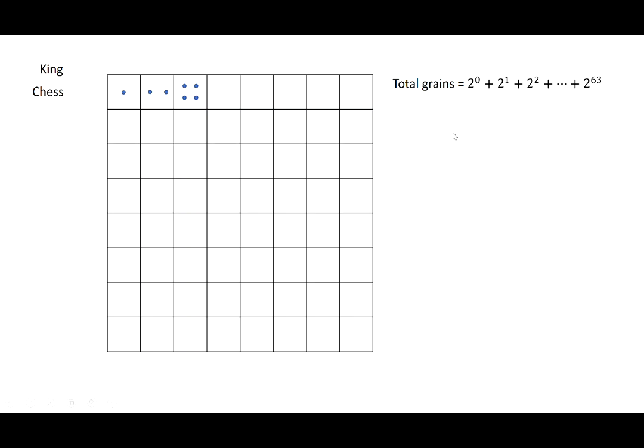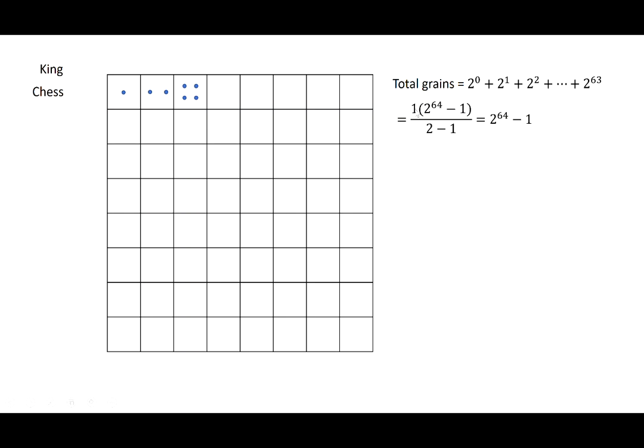Wait, why am I talking about this stupid story in this context? You guessed it, right? This is nothing but a geometric series, the sum of a geometric series. So, what is n? What is a? a is the first term, 1. What is the common ratio? 2. How many terms do we have? n is 64.